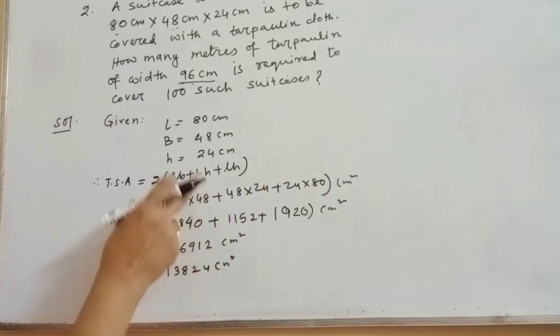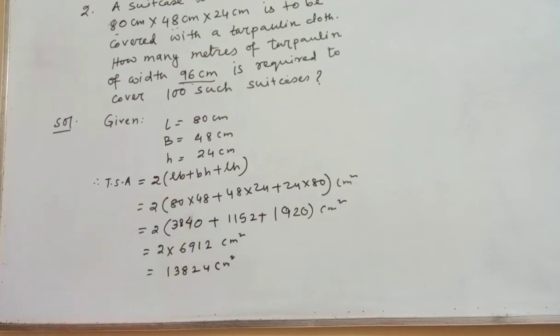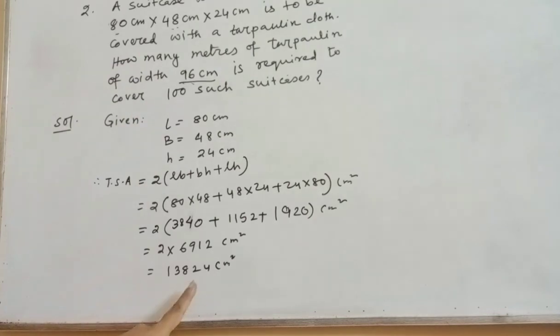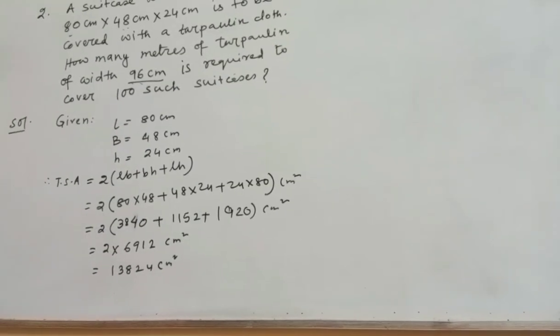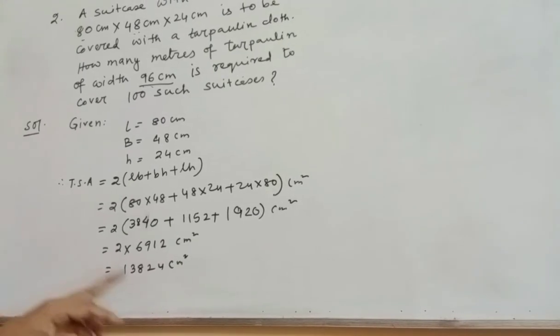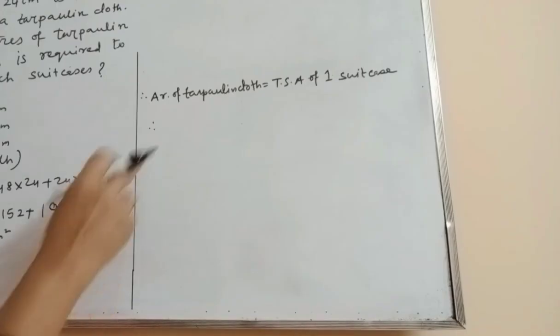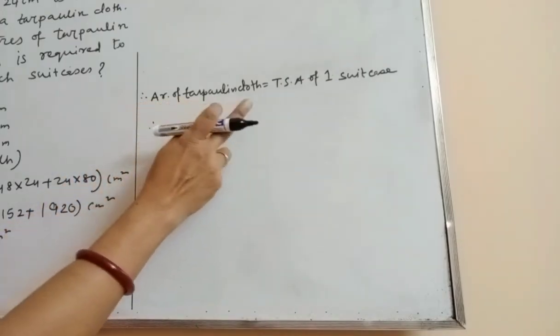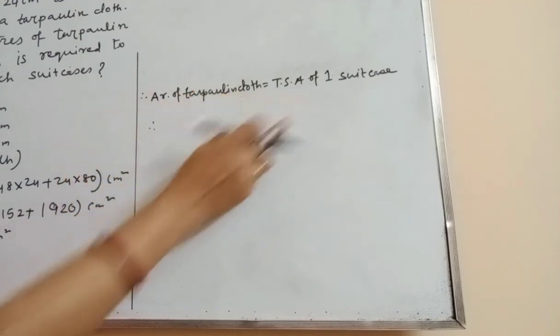So now we have found the total surface area of one suitcase. The area of the tarpaulin is given here. The length and breadth of the tarpaulin will be the area of the tarpaulin. To cover one box, tarpaulin is required. Now the area of the tarpaulin cloth to cover one suitcase is the TSA of one suitcase.